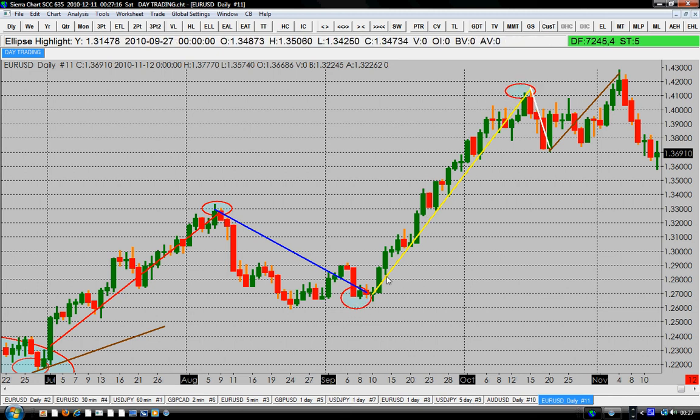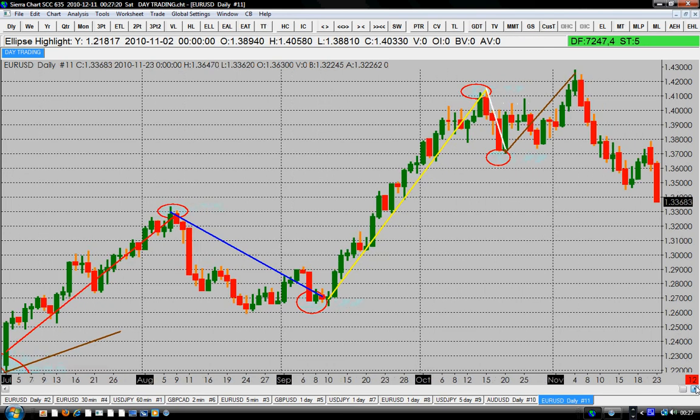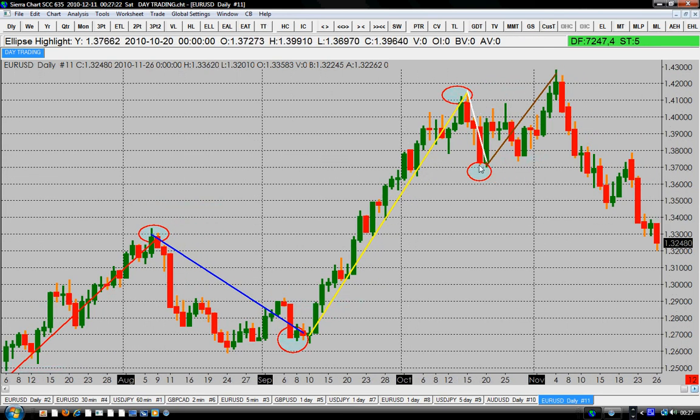The third wave is the longest wave, and then the fourth wave here, a special one for you again, with all the market manipulation, instead of doing things straightforwardly. They made it another double bottom, another special one for you. This is from here to here, and the fifth wave was completed here.